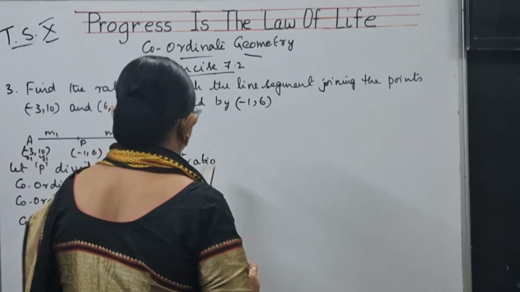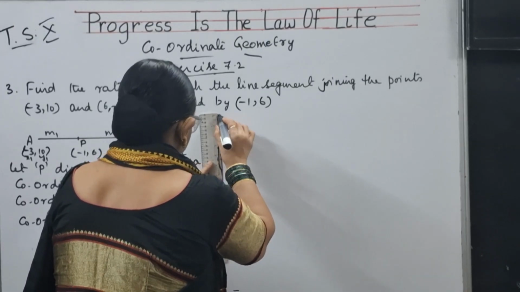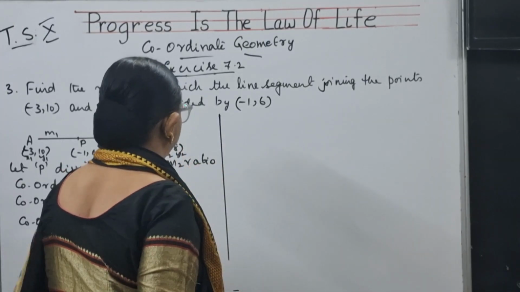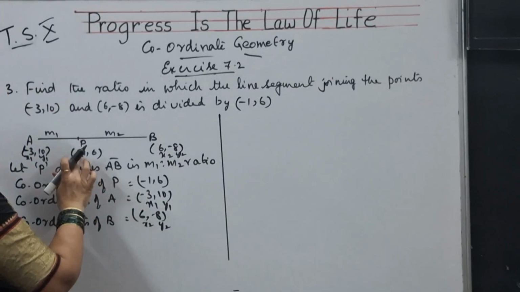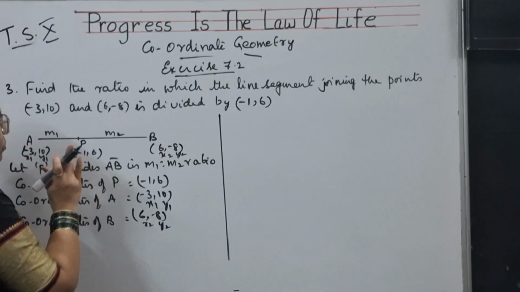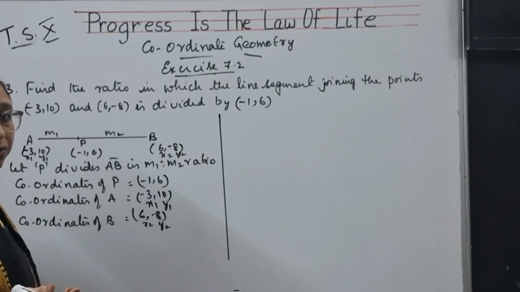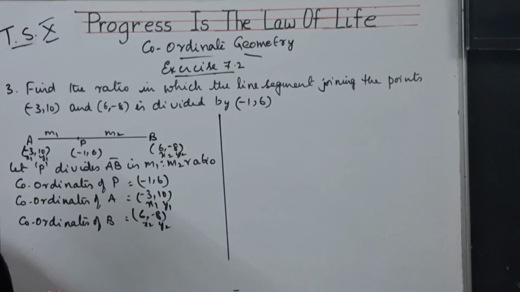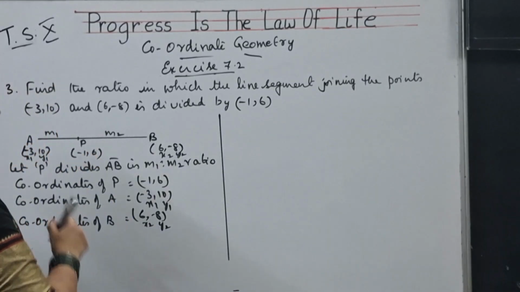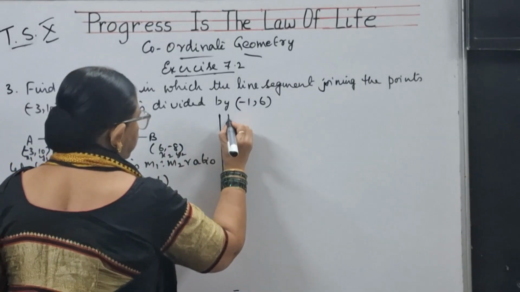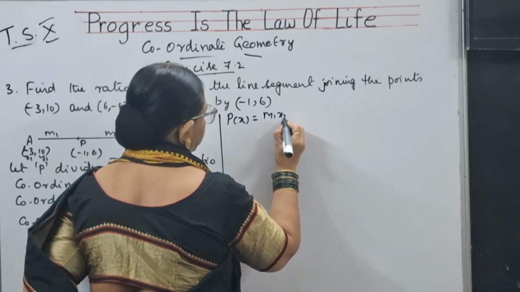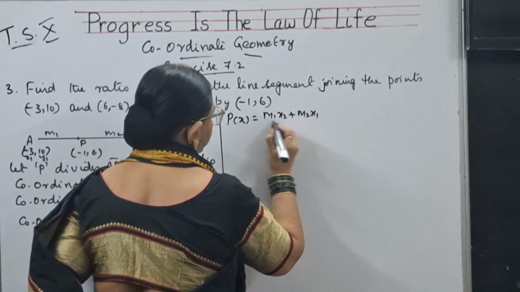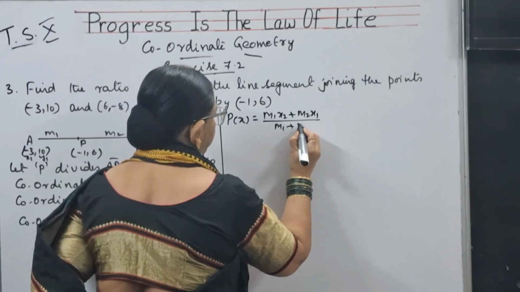Let us see. I will be taking P of x. This kind of sums we have done, children, earlier. If you have got values given, then you can take any one value and do it. If you have 0, then you have to take only 0 to make your problem easy. So here I am taking minus 1. That means minus 1 is in x coordinate. So I will be taking P of x formula is equal to m1 x2 plus m2 x1 by m1 plus m2.